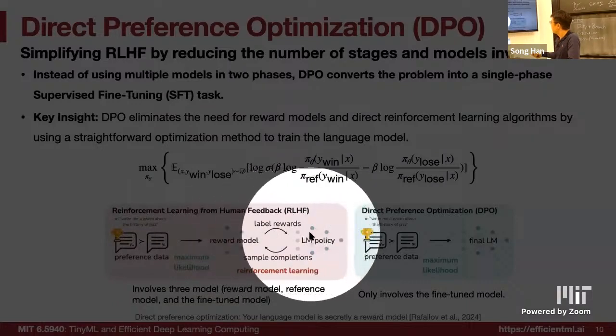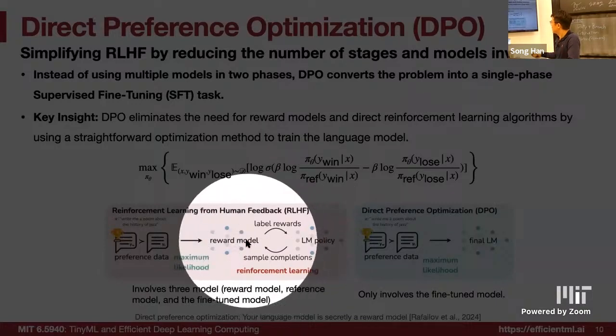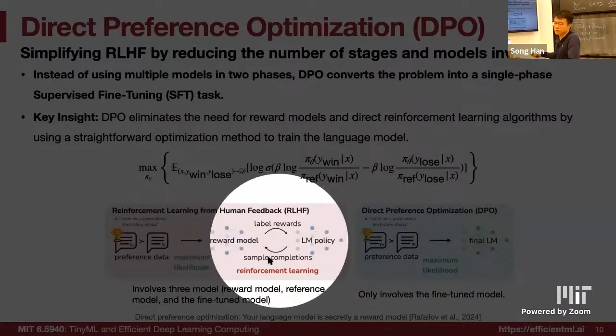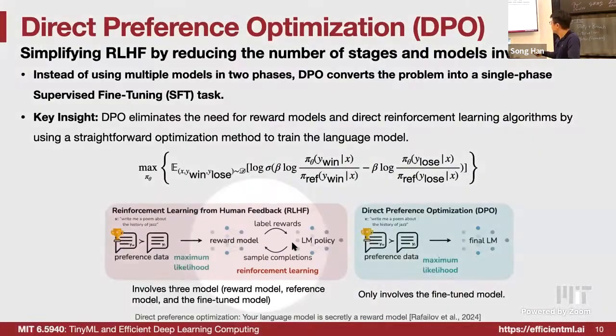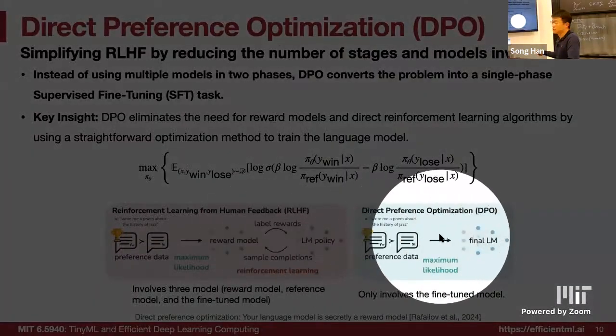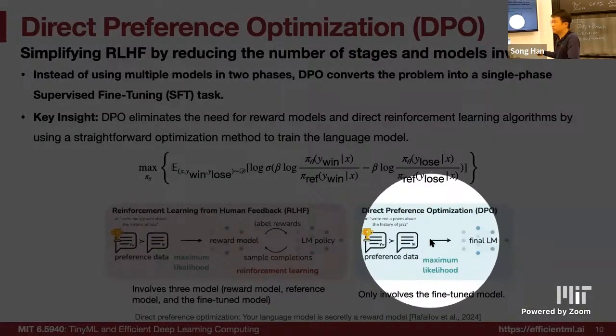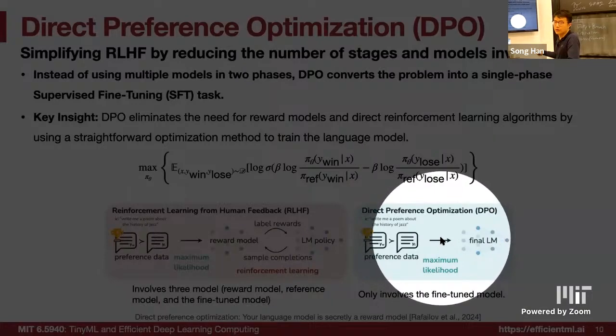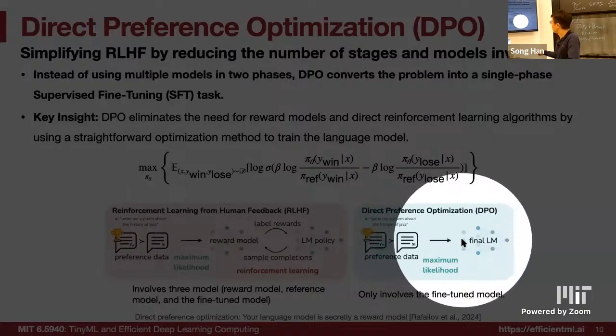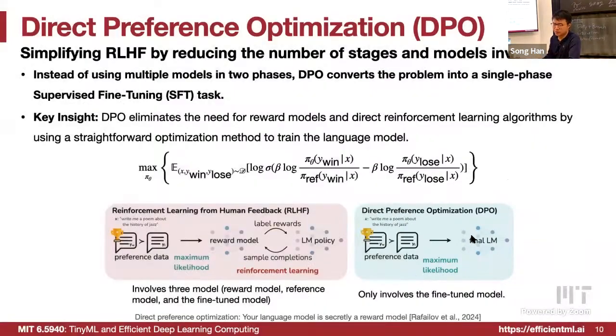So when a large language model gives a policy, we can give it a reward and continue training it with reinforcement learning. But here we want to get rid of those two phases. Three models, we just combine them into a single model and one single loss, using just one model to simplify that.